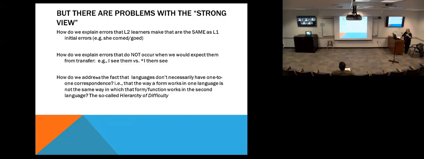So instead of saying she came, they've learned that a regular past tense ending is what? What's a regular past tense ending? ED, good. So what they try and do is regularize that verb. So instead of saying she came, they say she comed, right? It's also a classic first language English learning child error to say she goed, right? For the same reason, because they're trying to regularize that verb go.